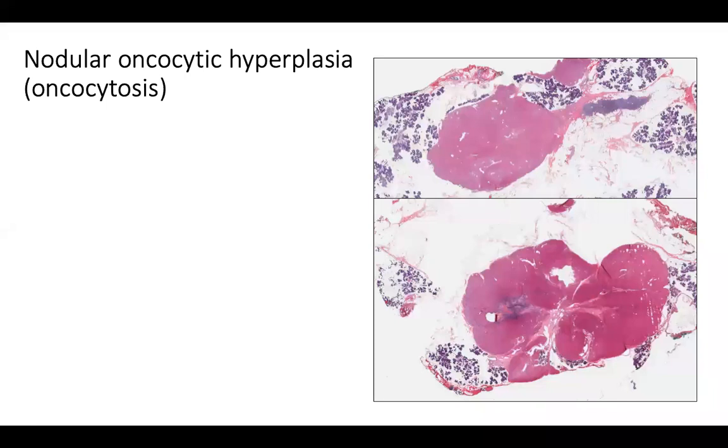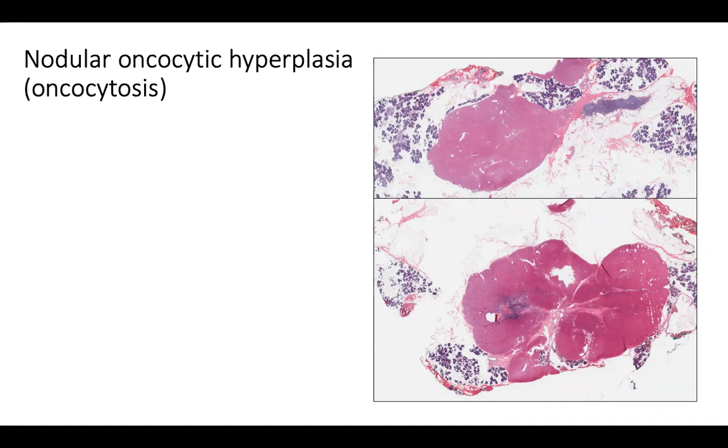Okay, so this is another interesting condition, relatively rare, but we get a handful of cases a year. So nodular oncocytic hyperplasia. So oncocytosis of salivary glands occurs as we age in all people. So if you look at the salivary gland, you'll see that just the normal acinar cells are undergoing oncocytic metaplasia.